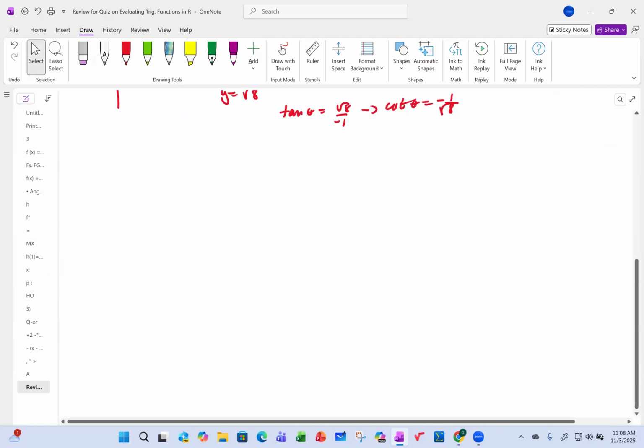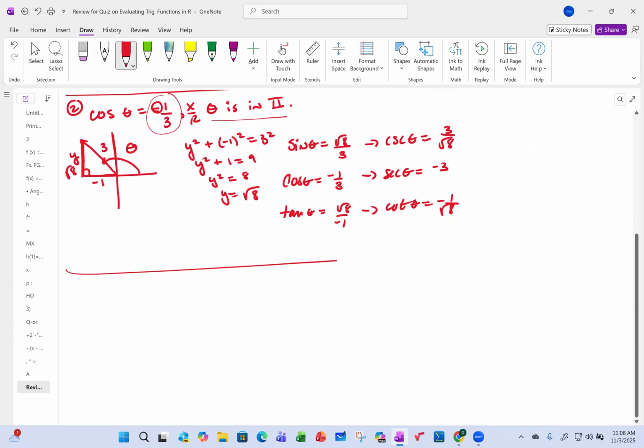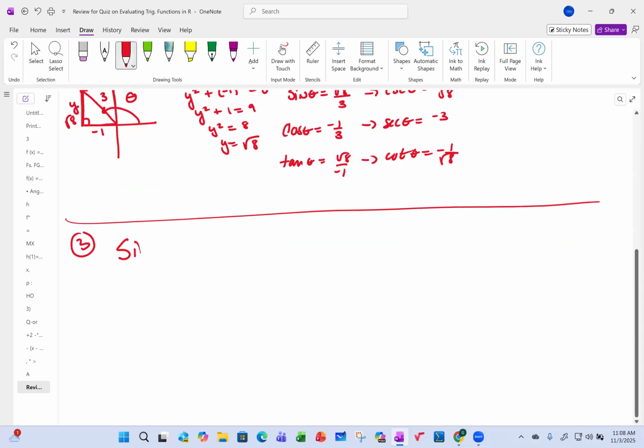So that's question 2. The next part, just evaluate. So again, after I write down each problem, pause the video and check your solutions. So number 3 would be, say, the sine of pi over 4. So pause the video and do the problem.